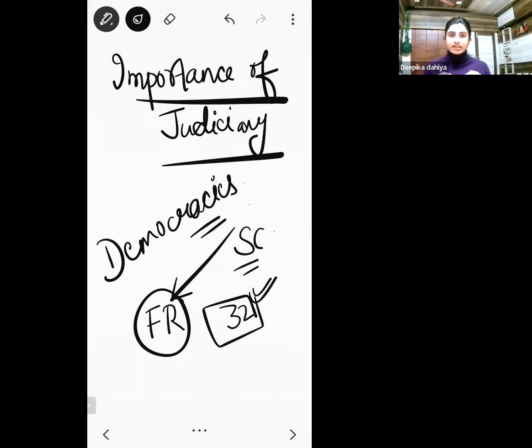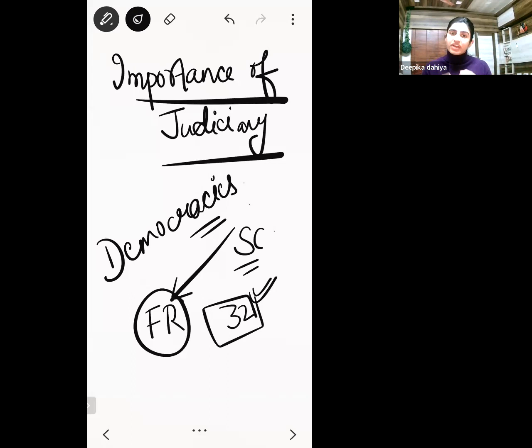In case your fundamental rights are violated, you can directly file writ petitions before the Supreme Court. Otherwise, you can't go directly to the Supreme Court. But in case of fundamental rights, you can. That is the weightage the Constitution has given to human rights.